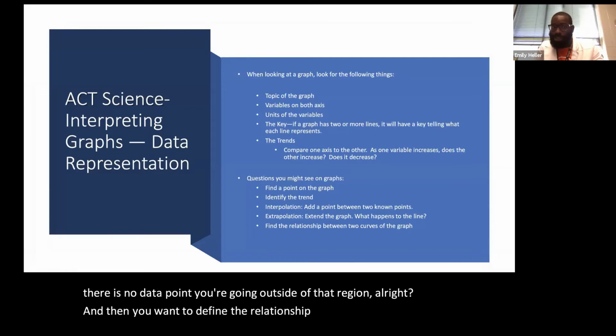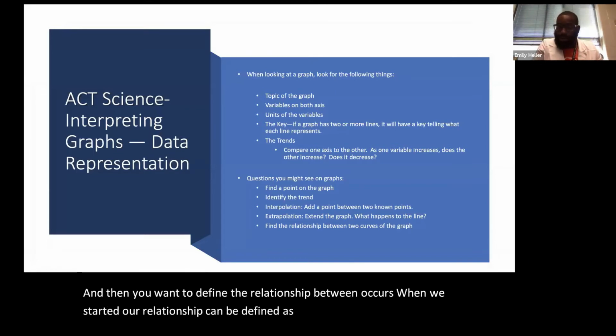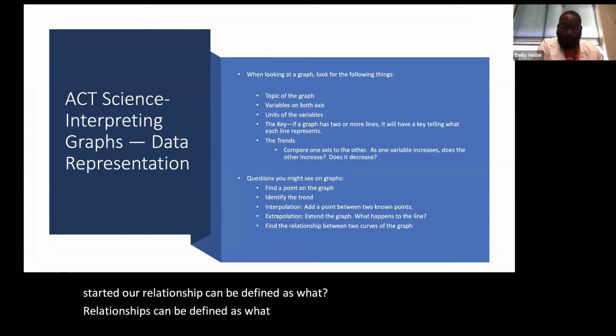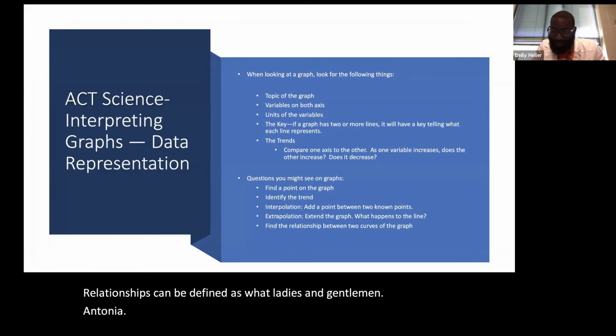When we talked about relationships, they can be defined as what, ladies and gentlemen? I'm talking to y'all. How do we define the relationship?